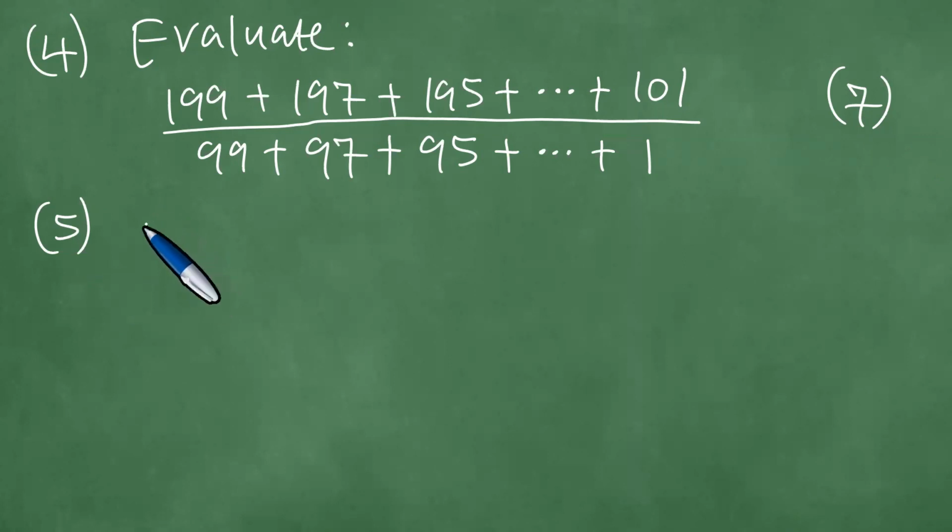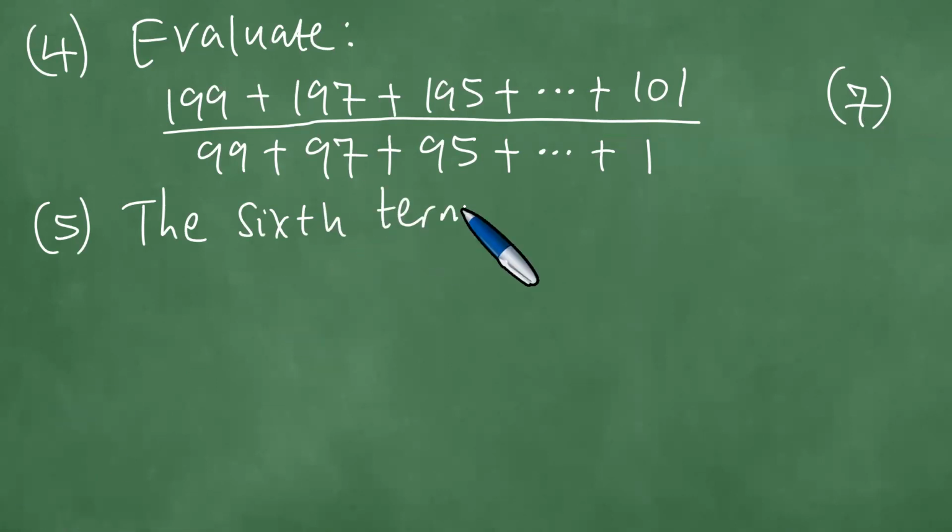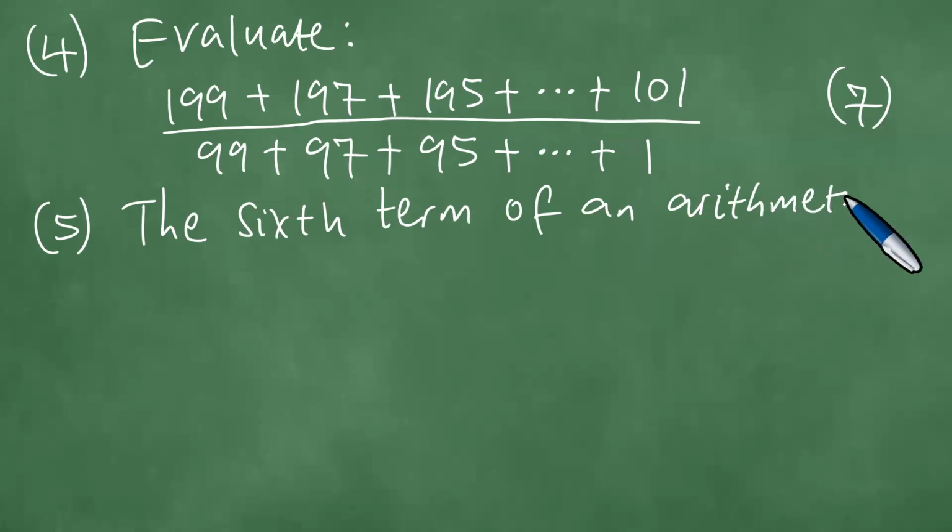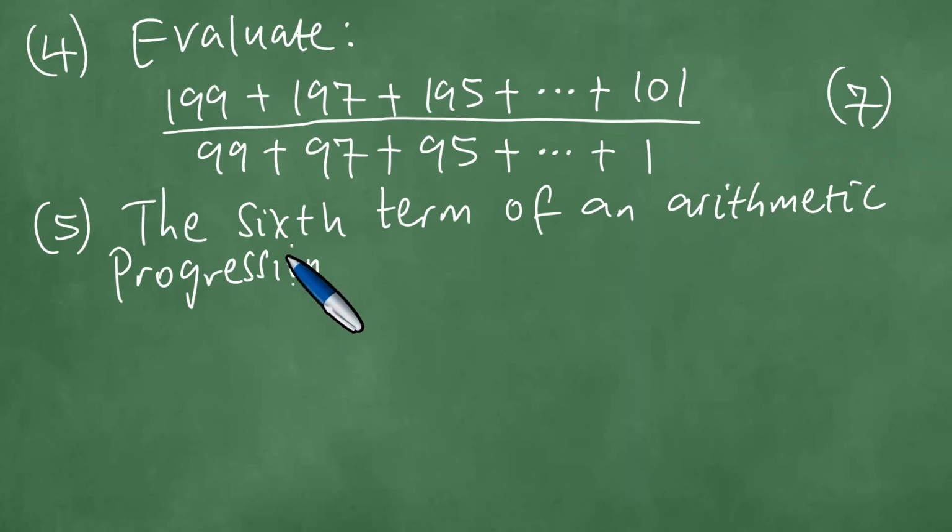That says the sixth term of an arithmetic progression is 5.